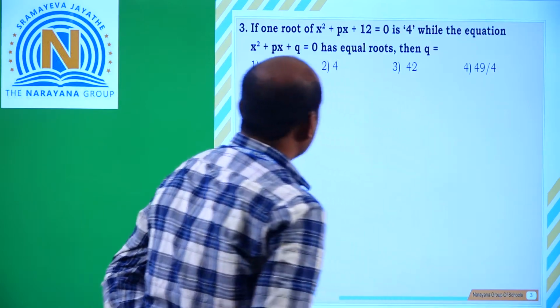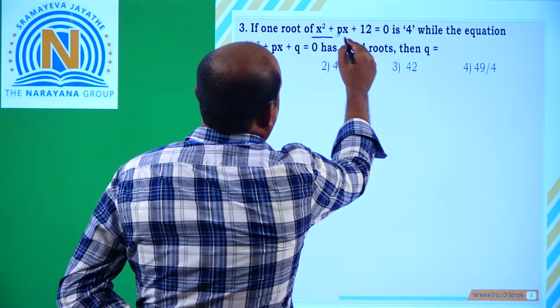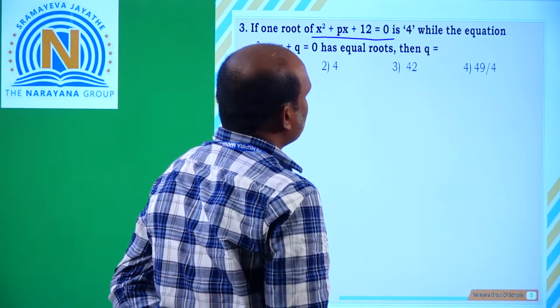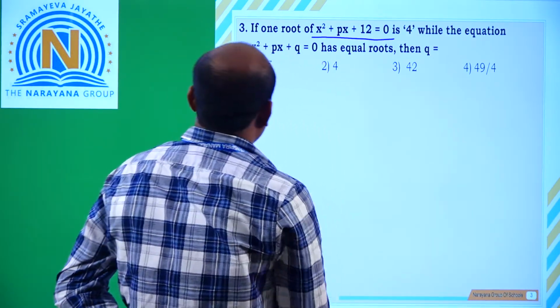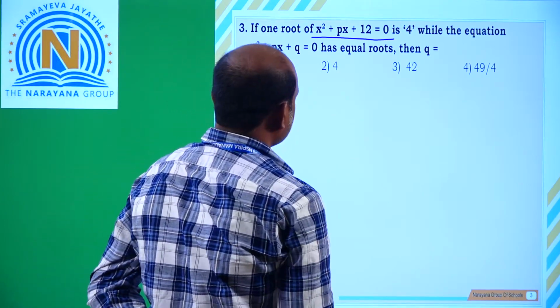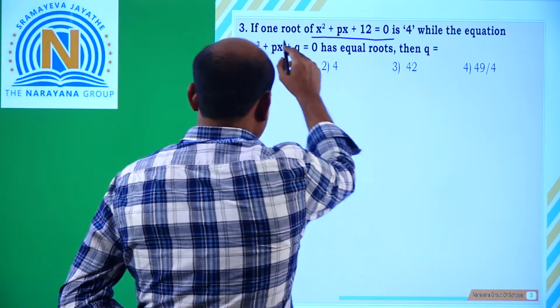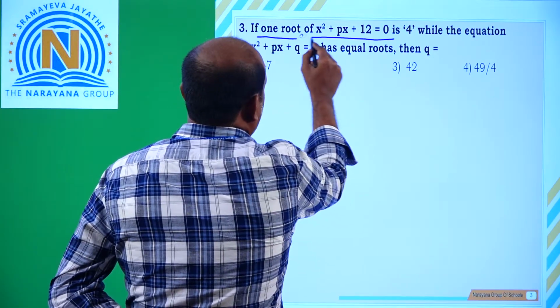Now coming to the third one, if one root of x square plus px plus 12 equal to 0 is 4, while the equation x square plus px plus q is equal to 0 has equal roots, then q is equal to. So first of all, one root is given.